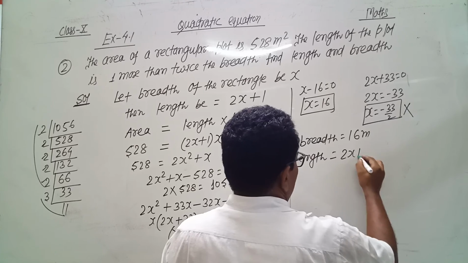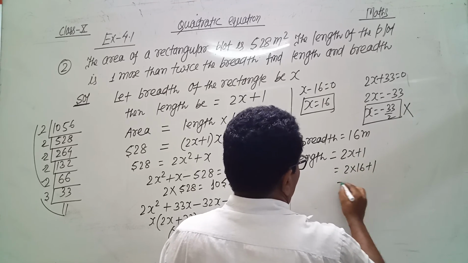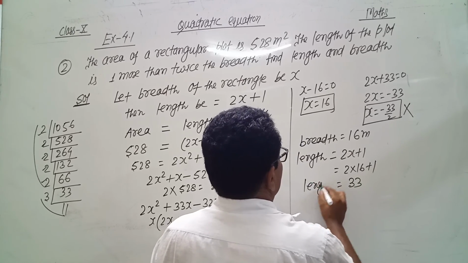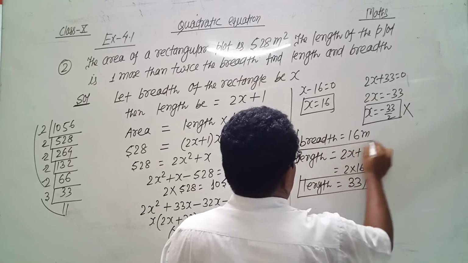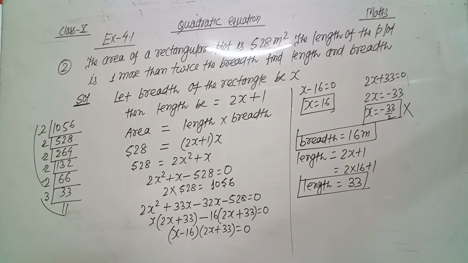Putting the value of x, 2 into 16 plus 1 is 32 plus 1, 33. So the length of the rectangle is 33 meter, and the breadth is 16 meter. So this is the way to solve the quadratic equation. Let us see the next question.